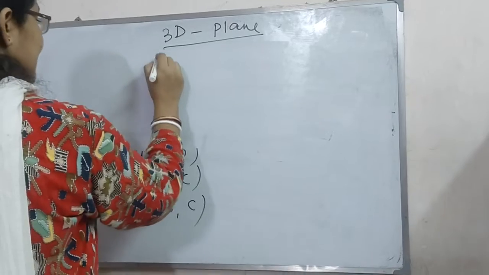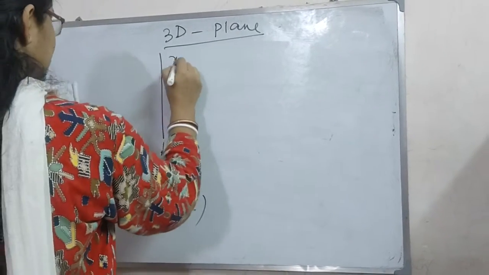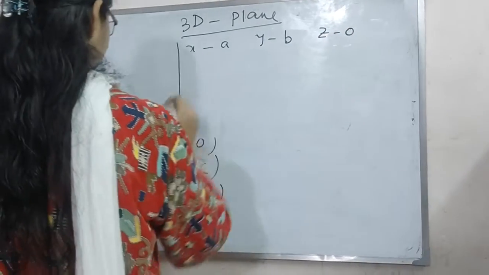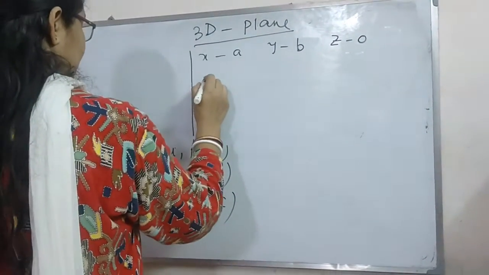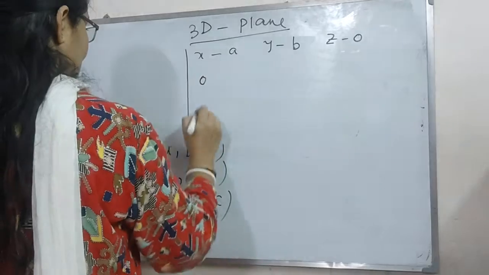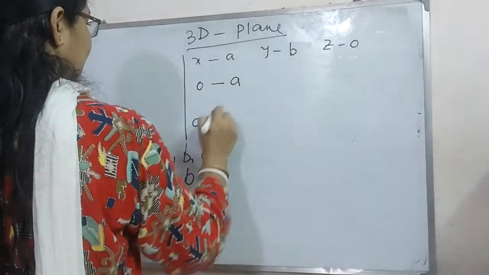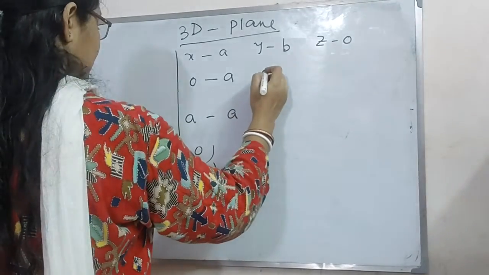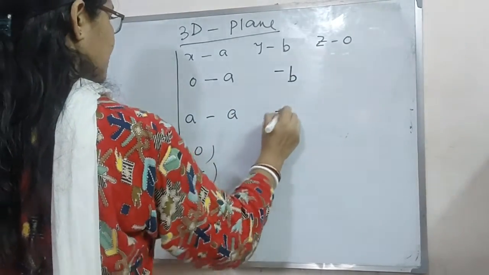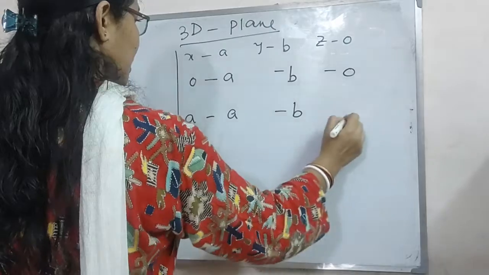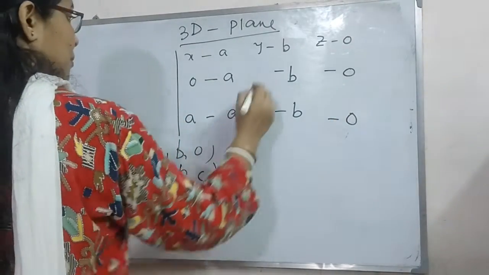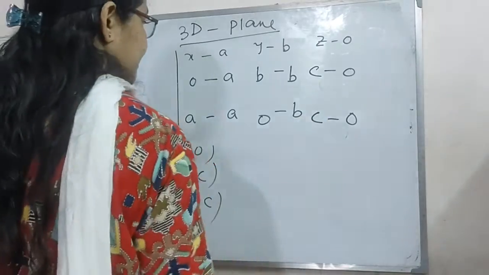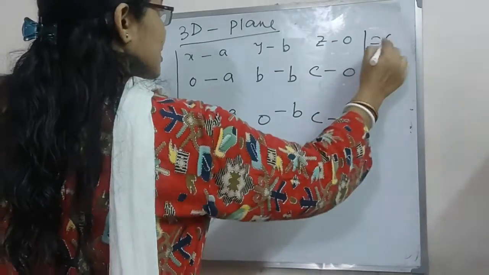I can write it in this way: the determinant with rows x minus a, y minus b, z minus 0; then 0 minus a... and so on, equal to 0.